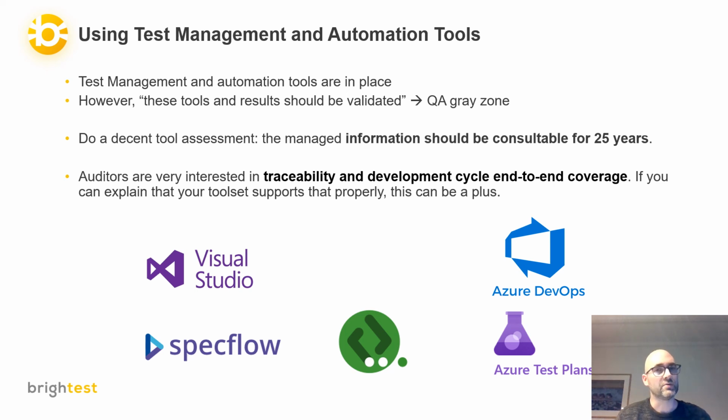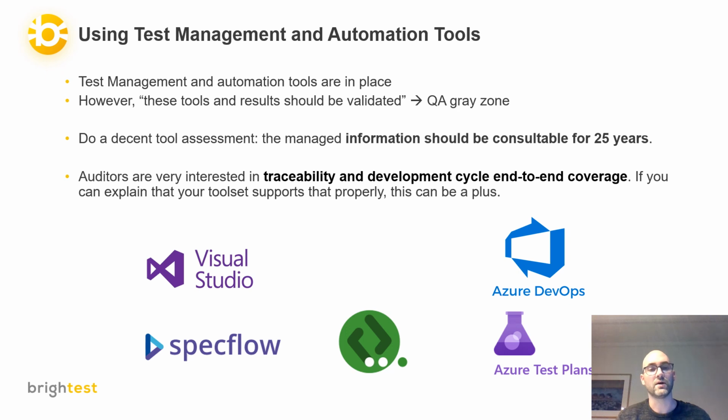In general, I experienced that auditors are also very interested in tools or tool sets where the traceability and the end-to-end coverage of the development cycle is clearly available. So if you can explain that your tool set supports it, this can be a plus. For instance, we were using somewhere the Azure DevOps stack with Azure Test Plans. In Azure DevOps, user stories were defined with acceptance criteria.